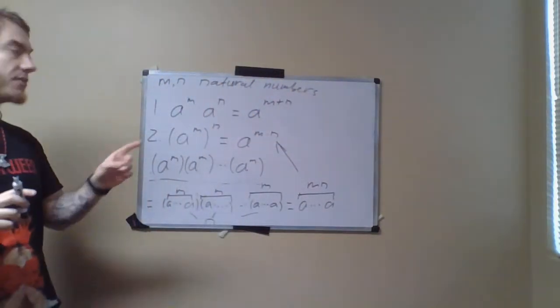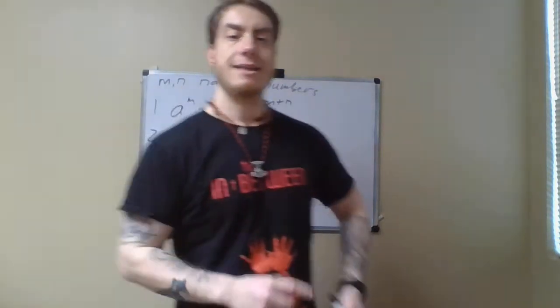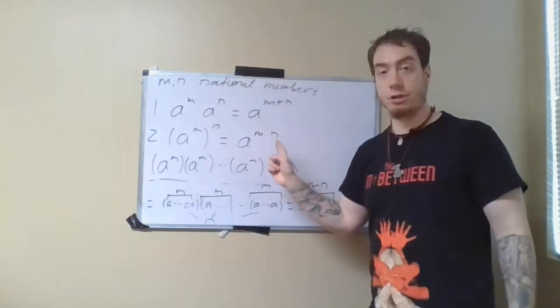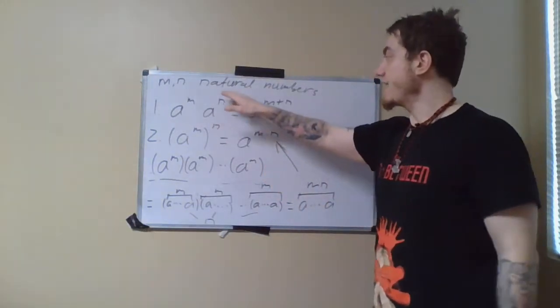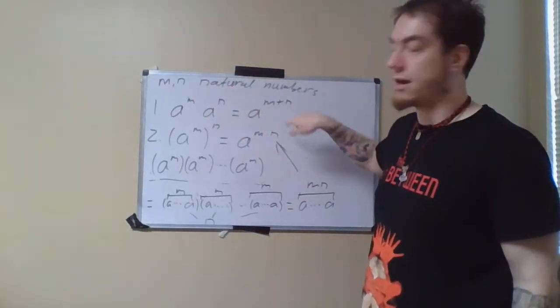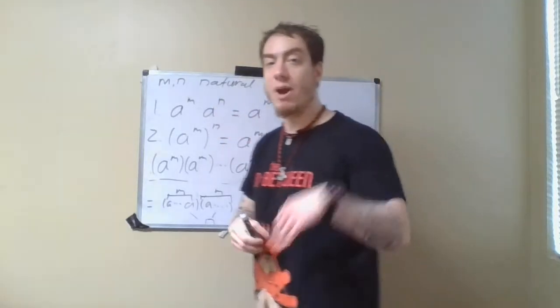And it turns out that if I want to make sure that these two properties continue to hold, there is only one way to generalize the exponential operation so that I can use more general exponents. There's only one way to do it and keep these two properties going in a way that is sensible.